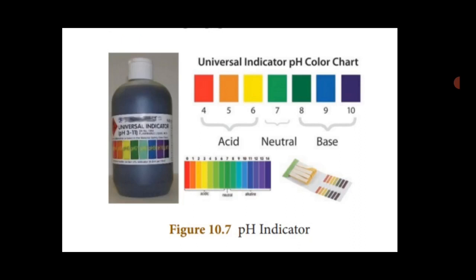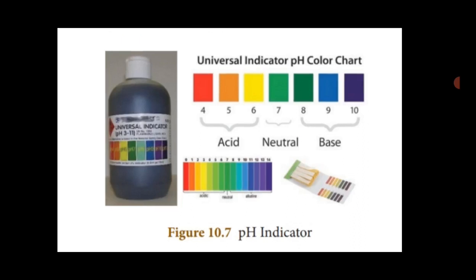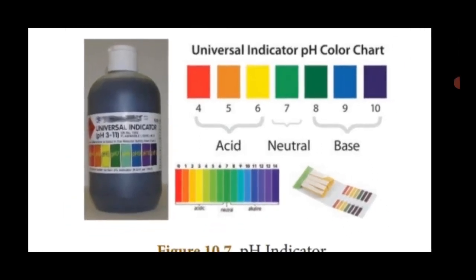Take any one pH paper and dip it into the test solution. After dipping, the pH paper color definitely changes. Compare the changed color to the color chart. If the paper is red, the substance is an acid.